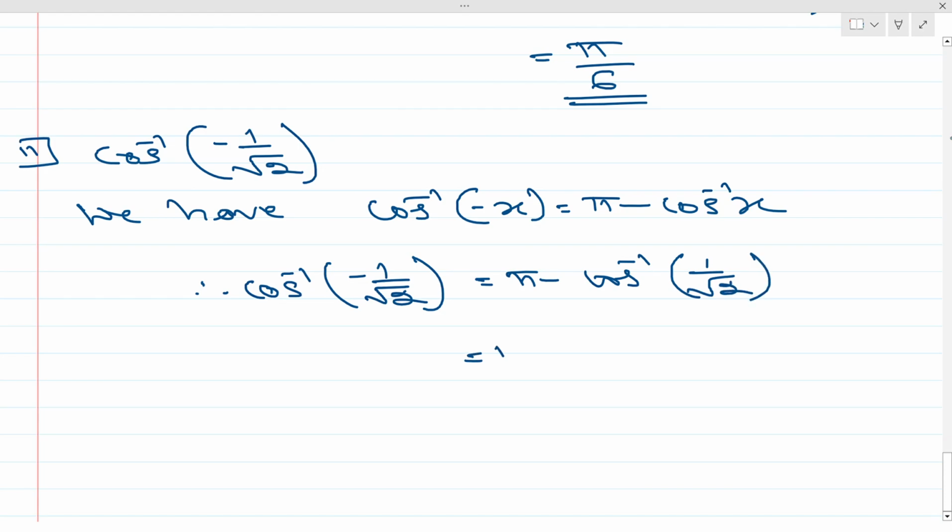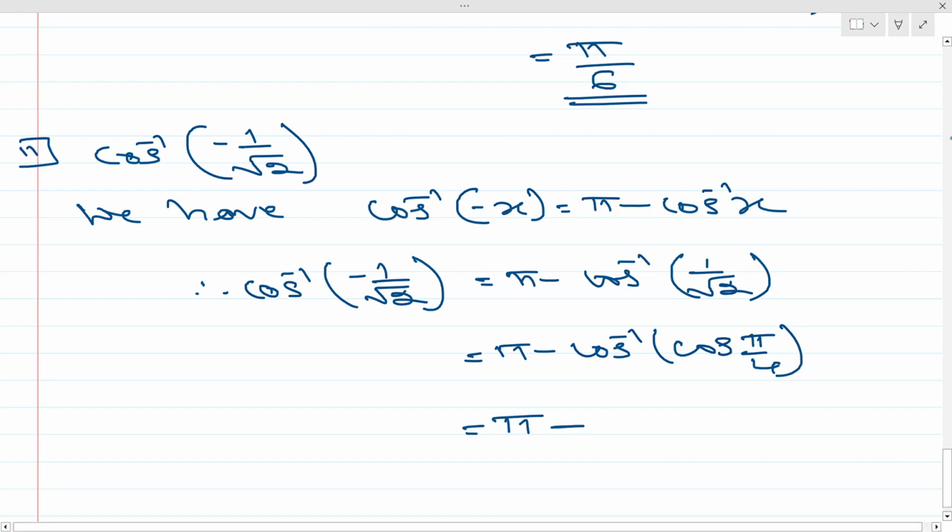That can be simplified as pi minus cos inverse cos pi by 4. So cos inverse cos cancels and gives us pi by 4. So pi minus pi by 4 is 3 pi by 4. That's the answer. We continue similar questions in the next video.